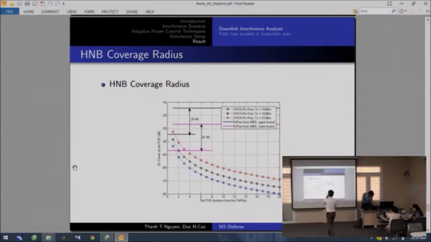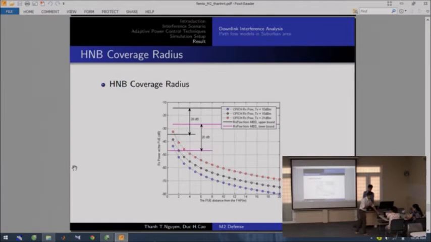The point is we try to make clear the algorithm. The algorithm assumes that the femtocell doesn't know the distance of the femtocell users around.